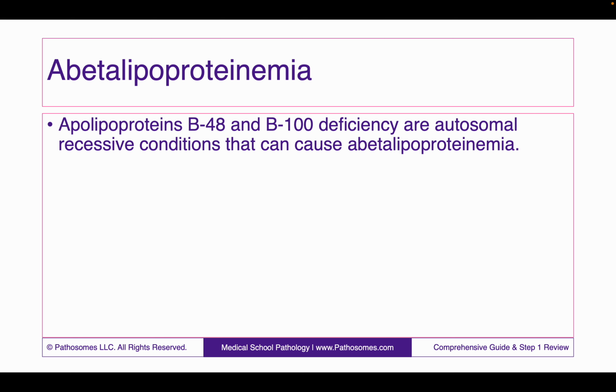Now let's talk about another important condition known as abetalipoproteinemia, right? You remember this. Apolipoproteins B48 and B100 deficiency are autosomal recessive conditions that cause abetalipoproteinemia, right? When you don't have those, it's inherited in an autosomal recessive pattern leading to abetalipoproteinemia, okay?